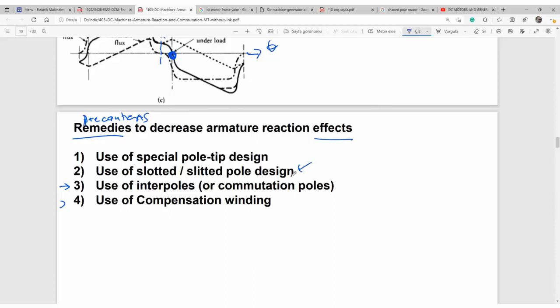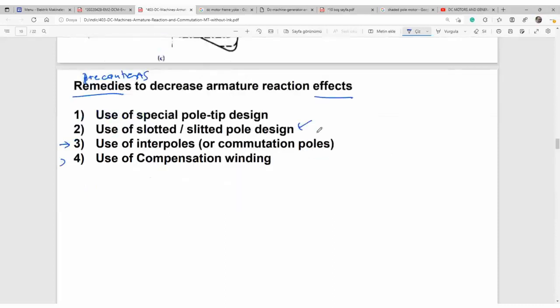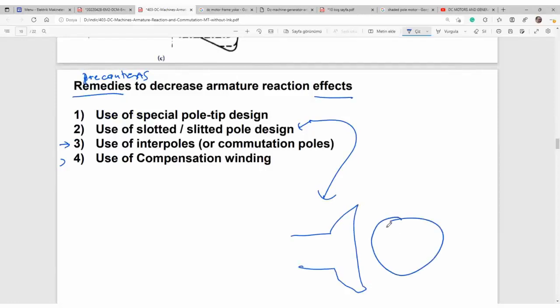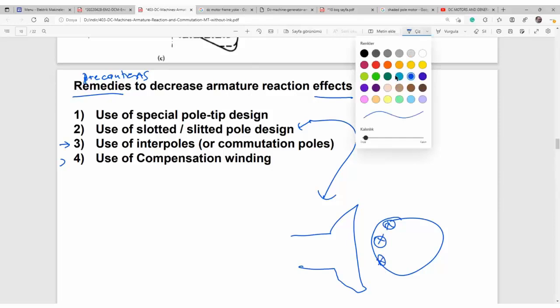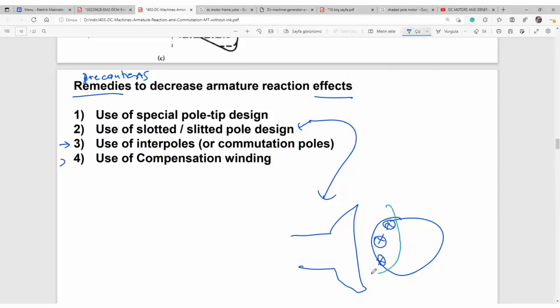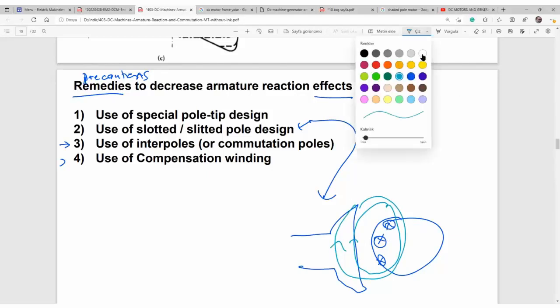Slitted pole design. Slitted pole design means here's a pole, the pole shoe. You know, here were crosses. Those crosses cause such a field distortion, a field component causing distortion.